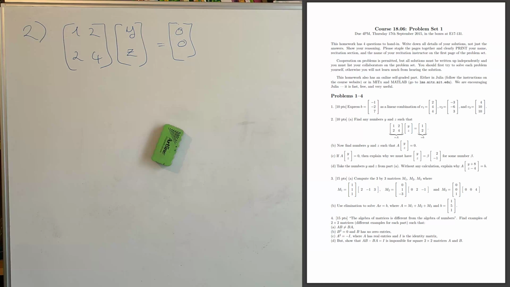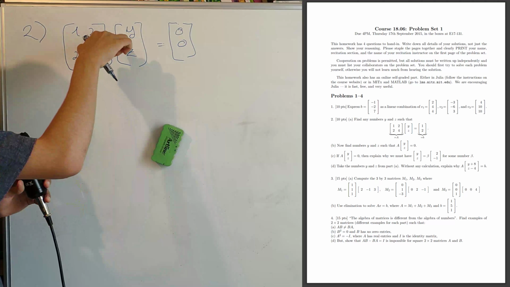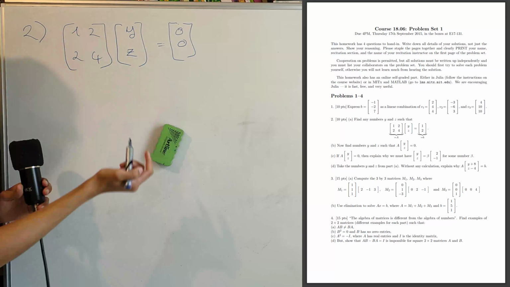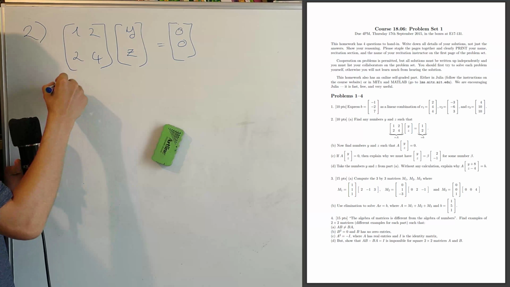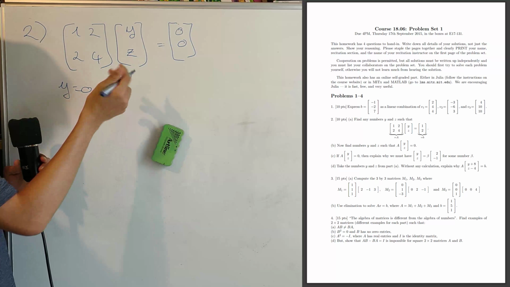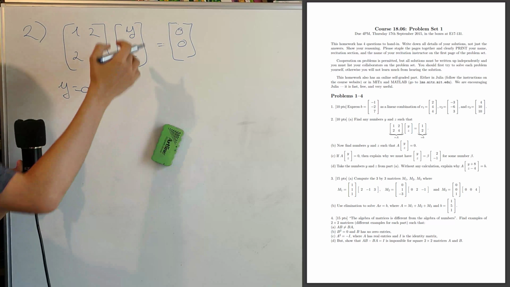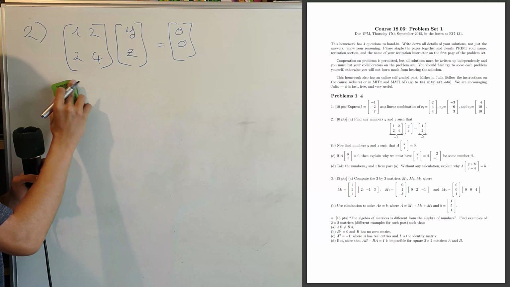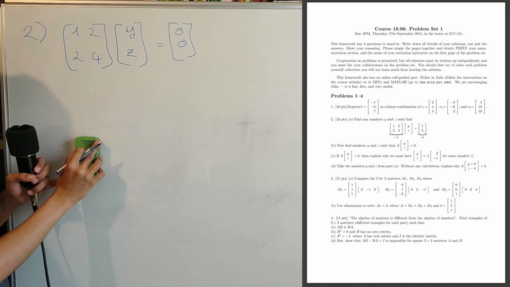Now find numbers. So I don't know if it's all numbers. Okay. We know that if we put y equals 0 and z equals 0, this is a solution, because everything multiplied by 0 is 0.